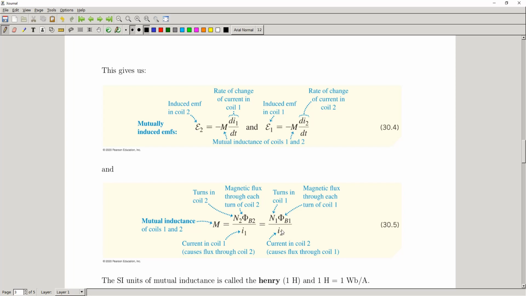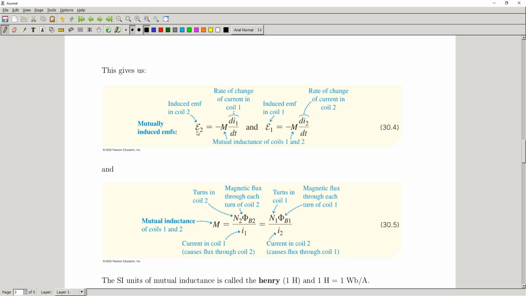So just flipping which coil is which in the setup. Both results will be the same if the geometry stays the same and if we're in a vacuum, not close to any large, strong permanent magnets, right? And so this is our mutual inductance of coils 1 and 2.